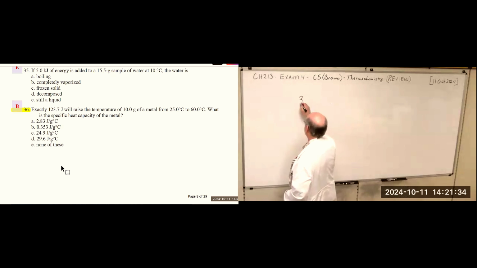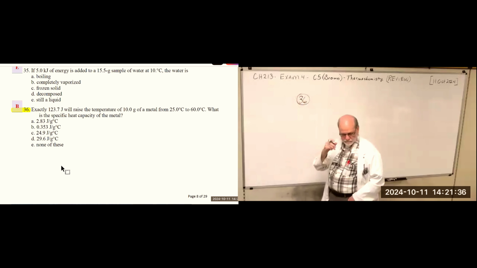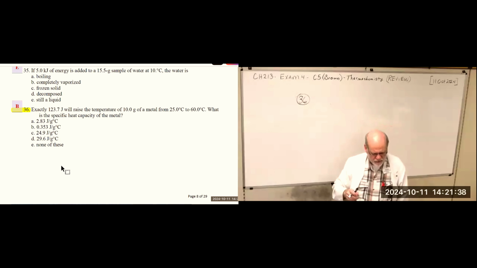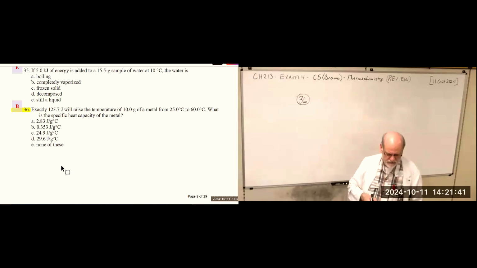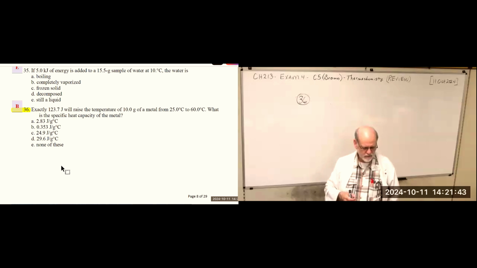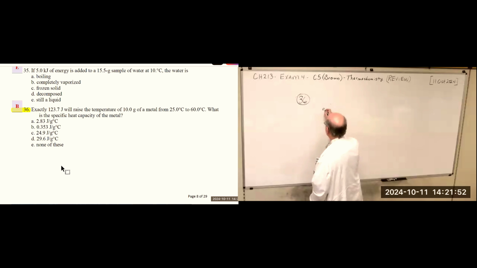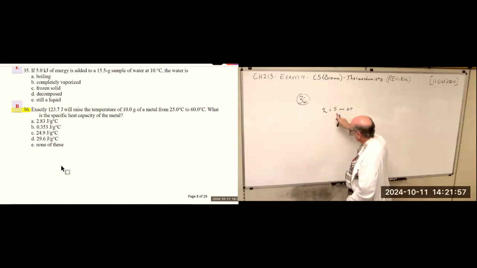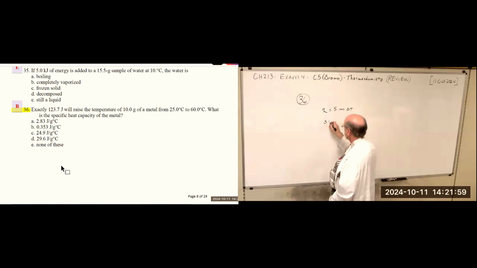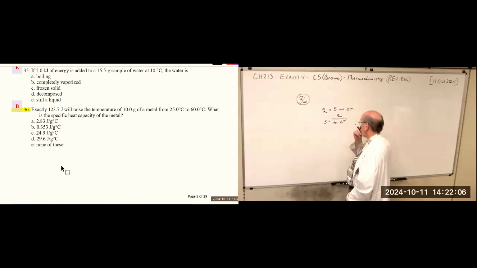Number 36. 123.7 joules will raise the temperature of 10 grams of metal from 25 to 60. What's the specific heat capacity of the metal? All right. If you look at the formula, and you're trying to solve for heat capacity, it is the heat divided by the mass divided by change in temperature.